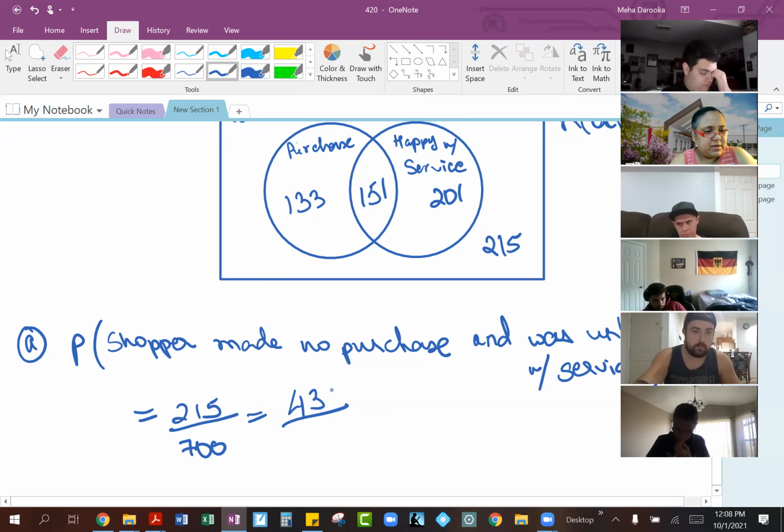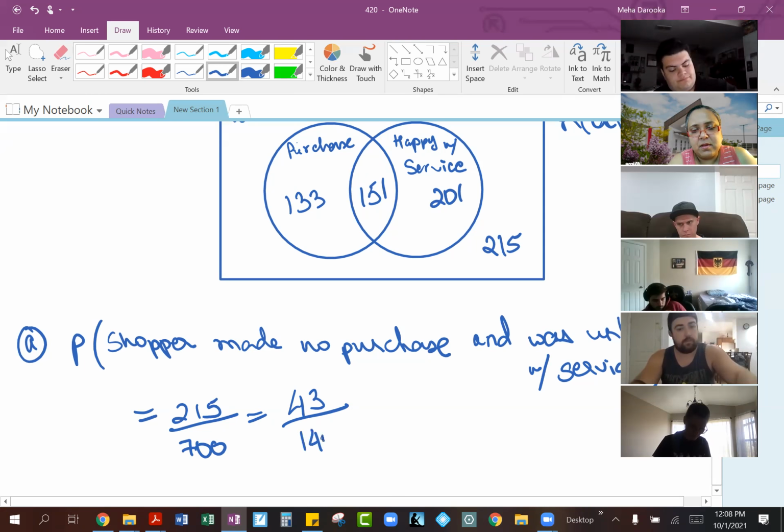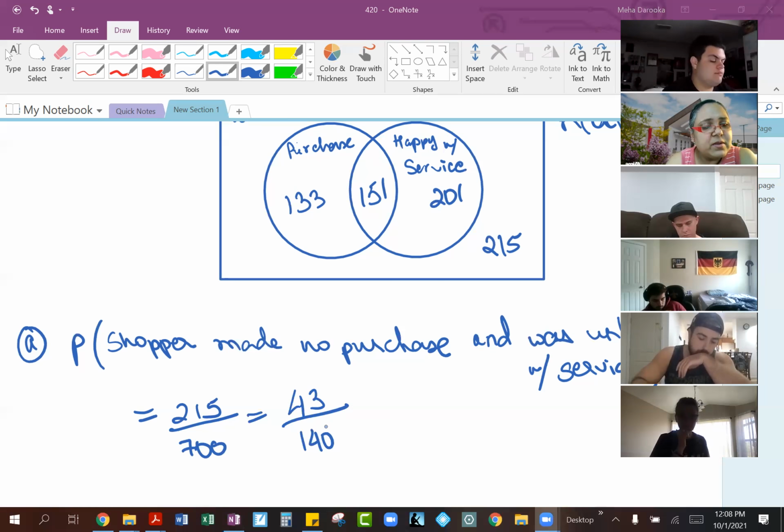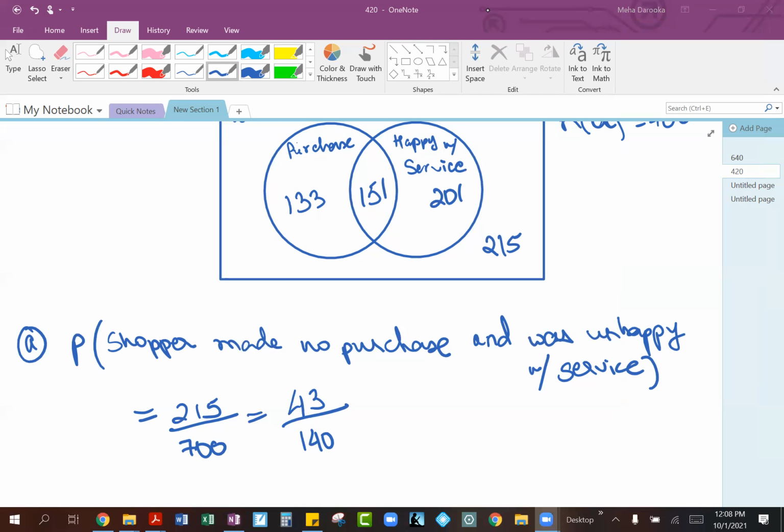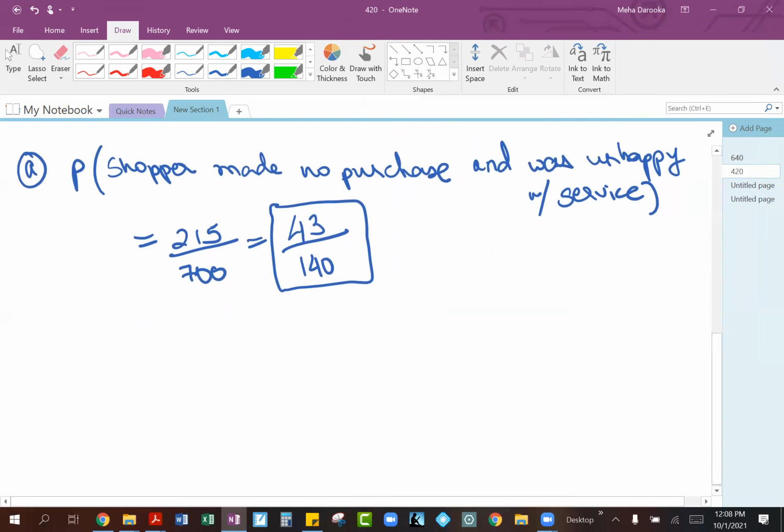And then what's 700 divided by 5? 140. Thank you, Brendan. We cannot go any lower than that, because 43 is a prime number. So this is as far as we can go in reducing our fraction. That's going to be our probability for how many shoppers made no purchase and were unhappy with the service.